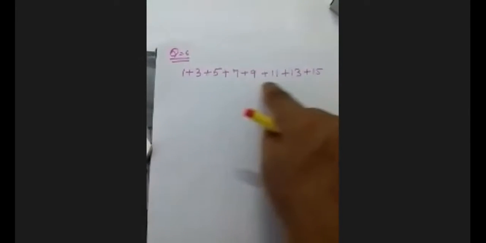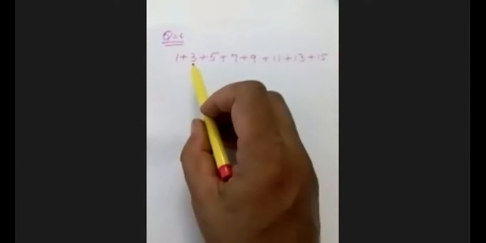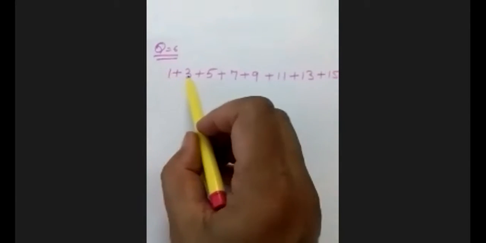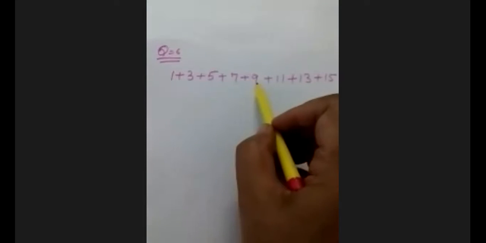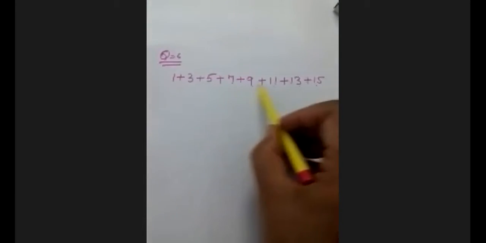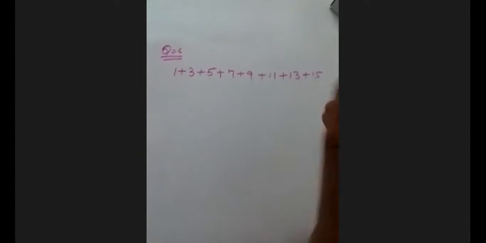So this is a sequence of odd numbers. Now, without adding, how can we find the sum of all these odd numbers? For this, friends, you just count these numbers: 1, 2, 3, 4, 5, 6, 7, 8. So these are 8 numbers, and this is a sequence of odd numbers.